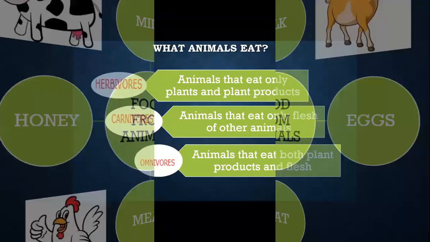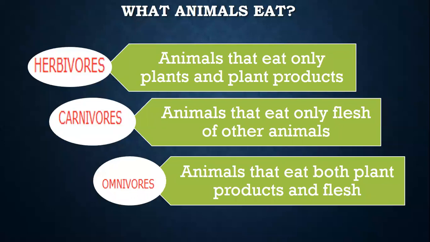Now come to the next section, that is what animals eat. In this, we are going to study the eating habits of animals. In your surroundings, you observe that different animals have different food habits.